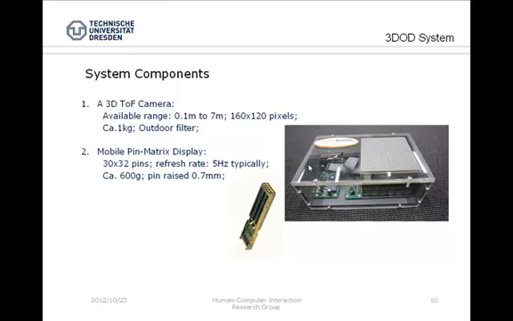It's similar to a hyperbaric display, but smaller, with 30 by 32 pins. Normally the refresh rate can be 5 Hz, but the maximum is up to 20 Hz. It's light, about 600 grams. The pins can raise up to 0.7 millimeter.